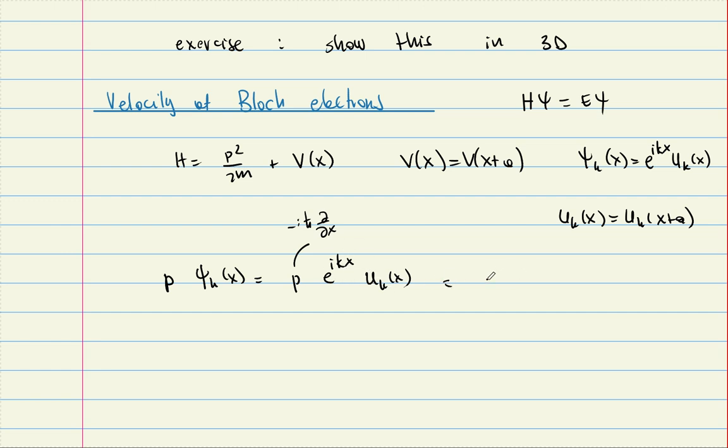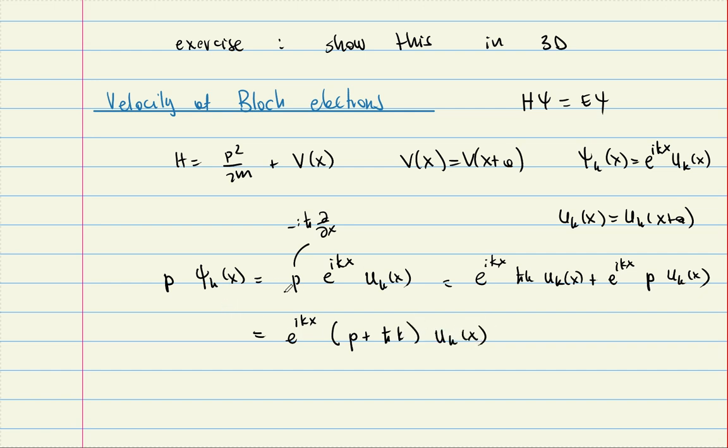If I hit here, it's going to be e to the i kx h bar k u_k of x, plus e to the i kx times the part acting on u, which I'm going to write as p. I'm not going to take the derivative anyway. Now I combine this: e to the i kx (p plus h bar k) u_k of x.